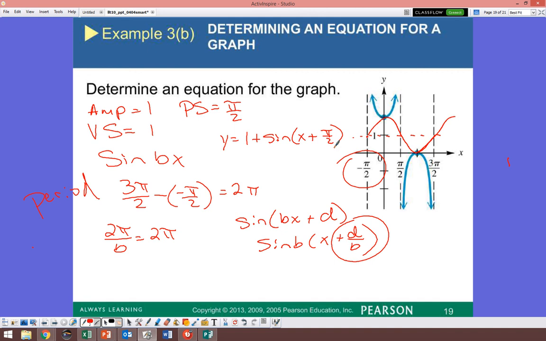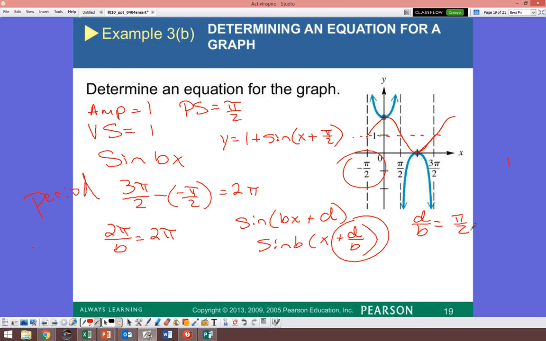So if you know what this phase shift number is, we're going to take this piece right here. If you know what this number is, you would say D divided by B equals pi over 2.